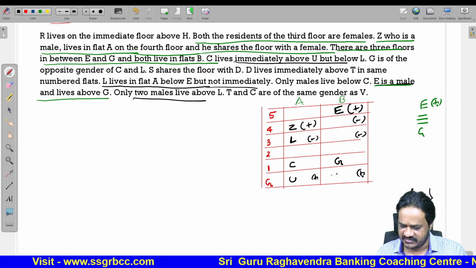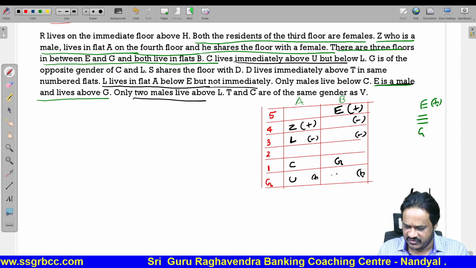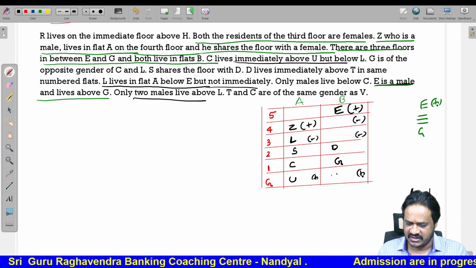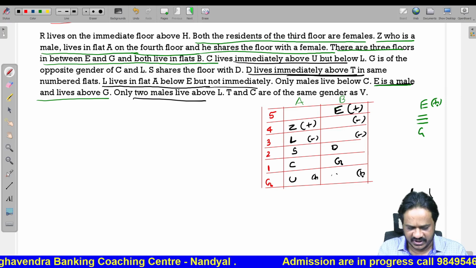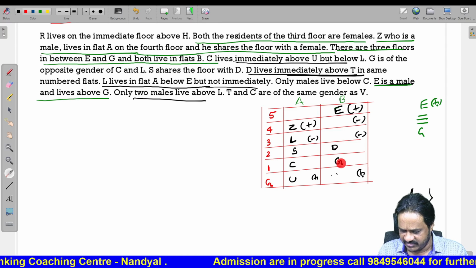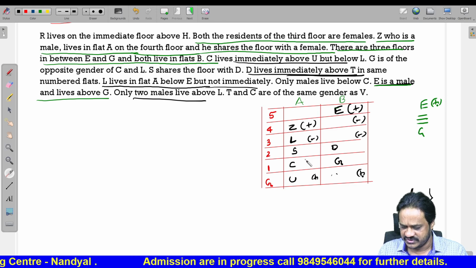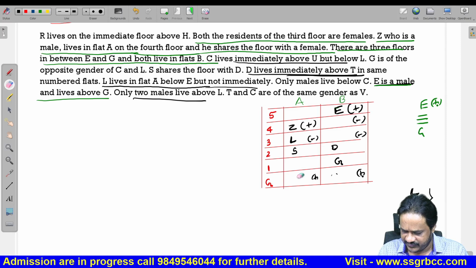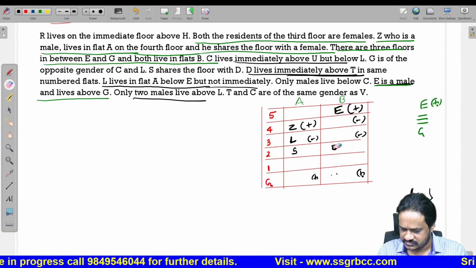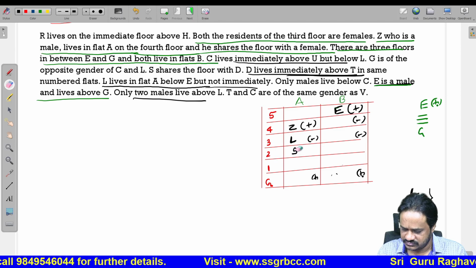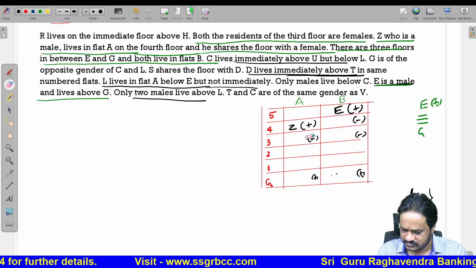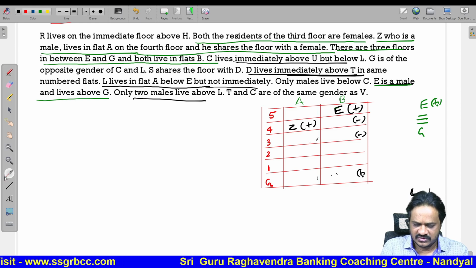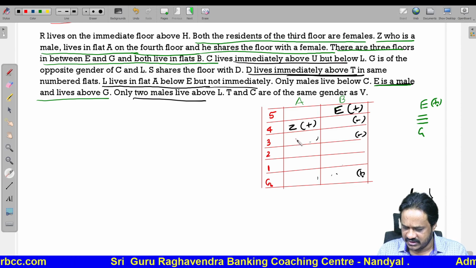Then S is sharing the floor with D. Now D lives immediately above T. That point won't be satisfied, so this one entirely is wrong. When we take L in the 3rd floor, we are getting it wrong.